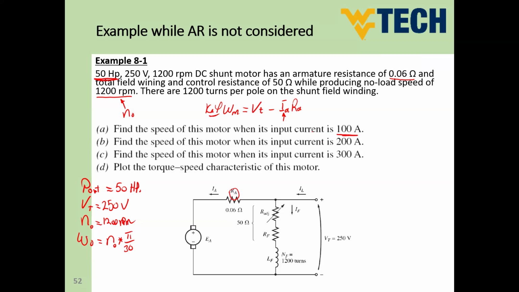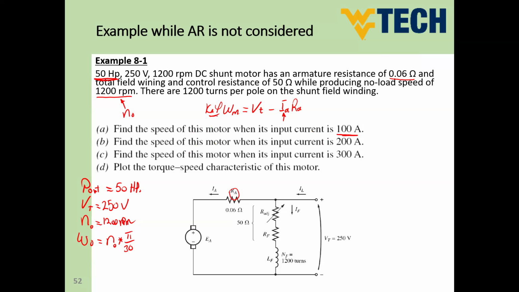So how can we get the value of Ka phi? You simply can get the value of Ka phi from another operating point. Operating point means another point on the characteristic of the machine with full data in order to provide the value of Ka phi.